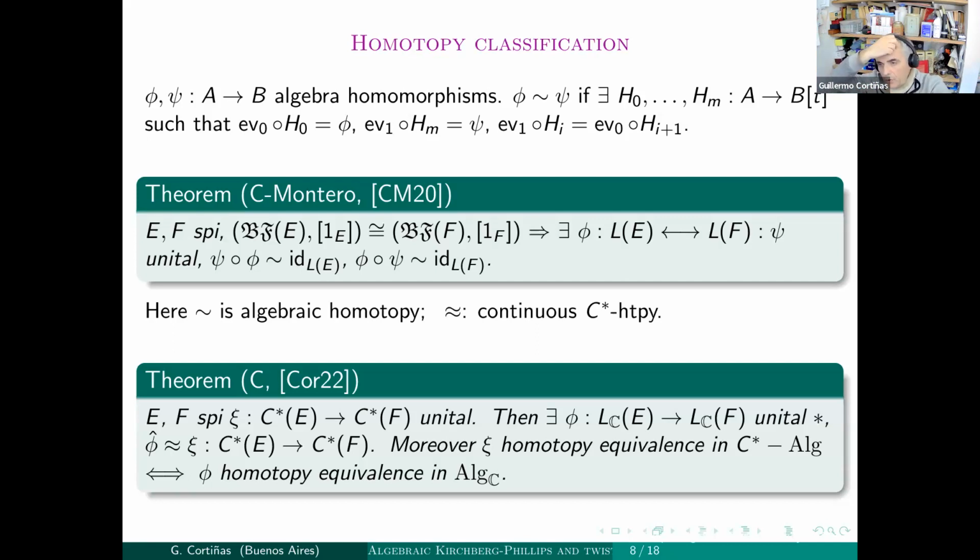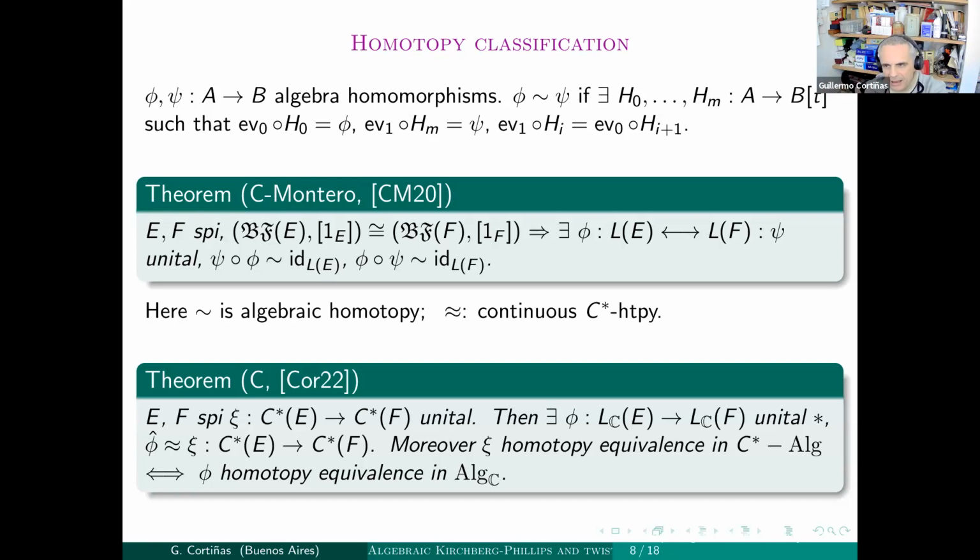And what I use is that if the graphs E and F are SPI, then in both cases, the KK class is the same as the homotopy class.